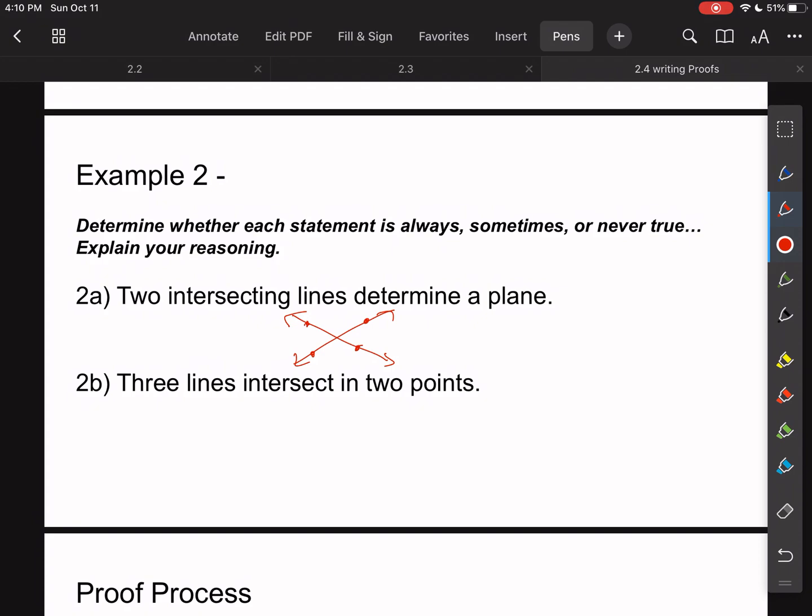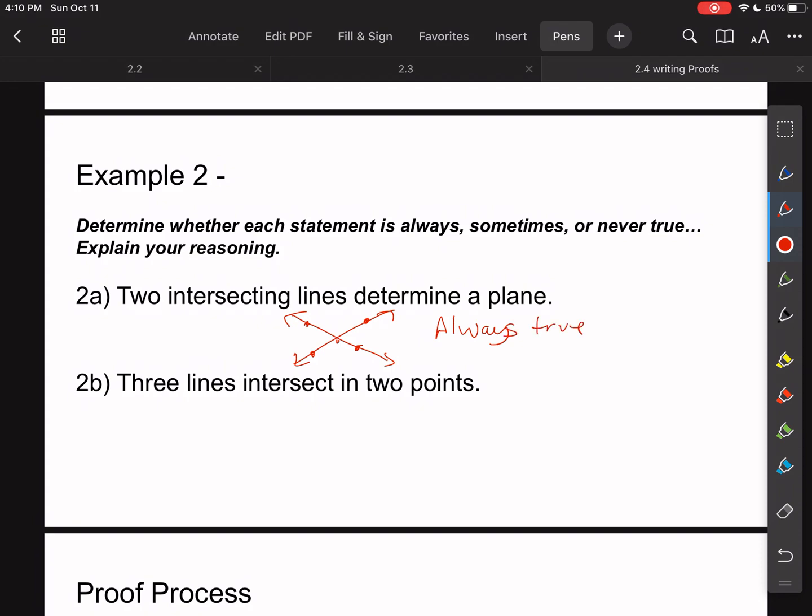So there's 4 points there, and since those 2 things are intersecting, they're intersecting on one plane, one dimension, if you will, because they intersect at 1 point. So I'm leaning toward this would always be true. Okay, this is always true.